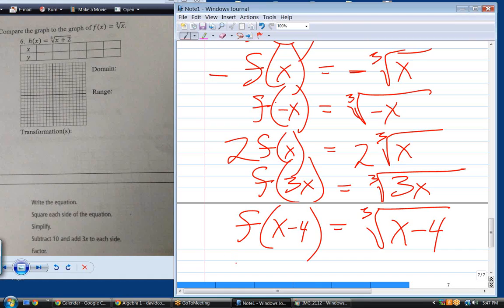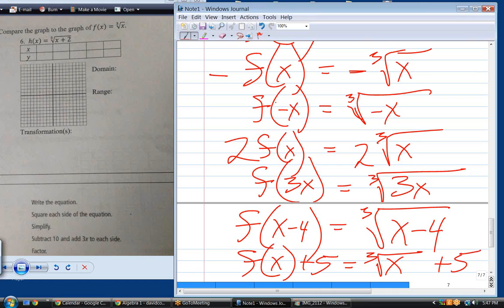Okay? And finally, there's one last thing that you can do to f. You can add a number after everything. And I would write that like the cube root of x, and all I'm doing is adding 5 after the function. What's the effect of that plus 5? A shift up 5?